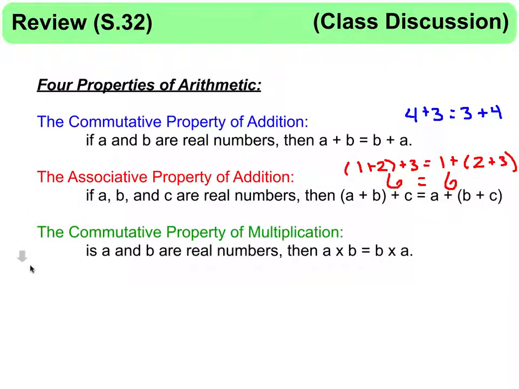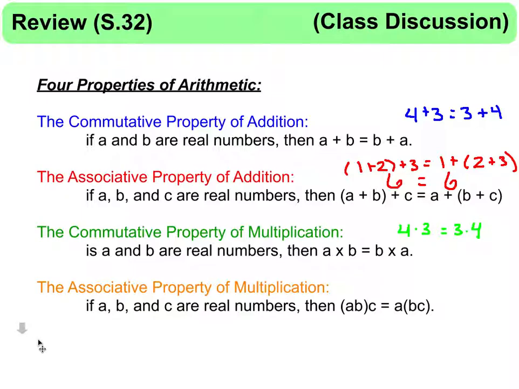Next, we have the commutative property of multiplication. Likewise, all we did was take the addition sign out and put the multiplication in, so if I said 4 times 3, that would be equal to 3 times 4. And then finally, we look at the associative property of multiplication, where if it's rearranged in the order in which it is all multiplied, you would still get the same product.